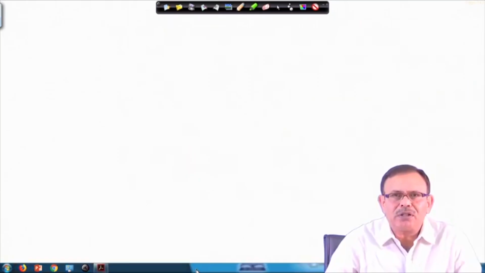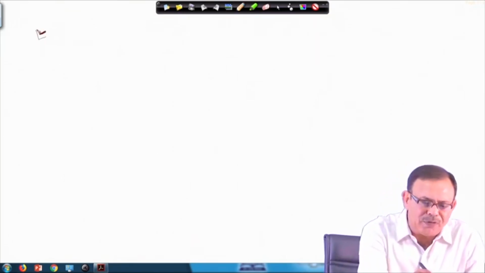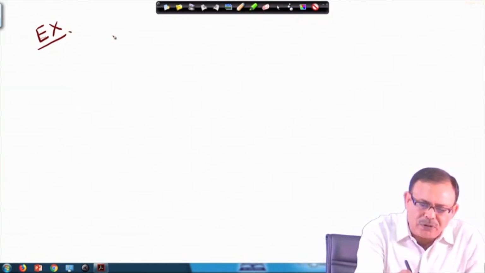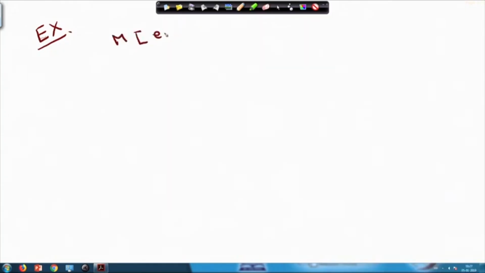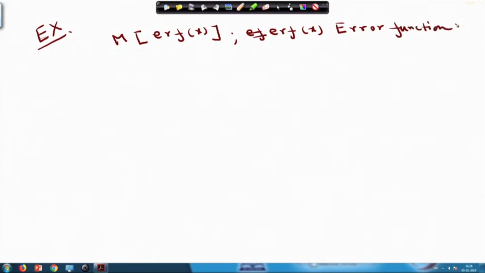So, now let us take the next example. The earlier example was on the sine integral function. Now, let us take the error function, that is we want to find out the Mellin transform of ERF of x. Again, ERF of x is the error function, and if you recall, we already discussed the error function when we started with the Laplace transform.